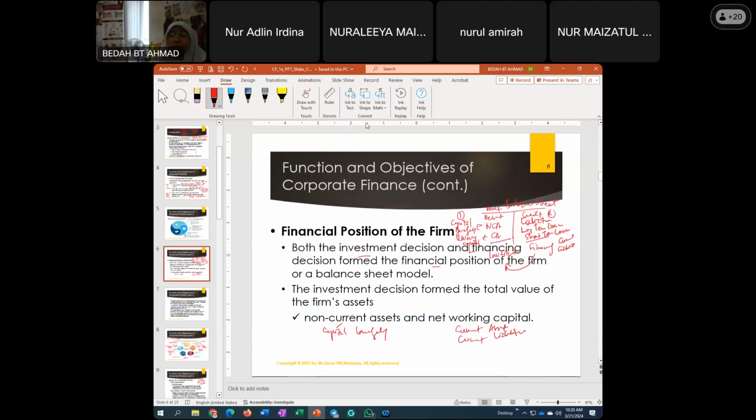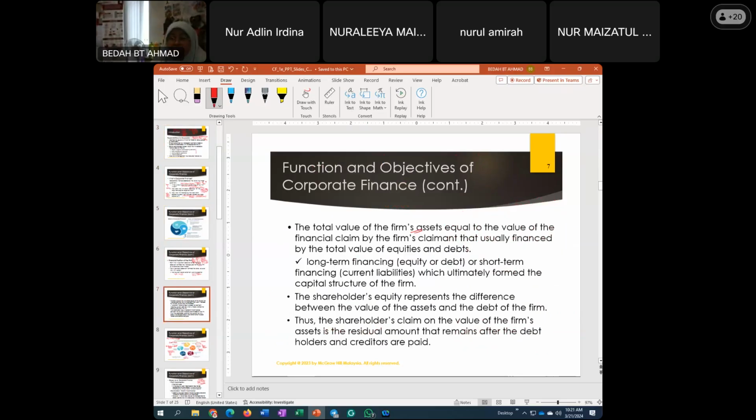Financial claims on the firm's assets. So when you invest, you have the assets, non-current assets and current assets, and that forms the value of the firm's assets. This can be the value of the financial claims by the firm's claimants in case anything happens, your company winding up or liquidation, closing business, closing shops. The parties who invested in the company via equity or debt can have claims on the firm's assets. We call them the firm's claimants.